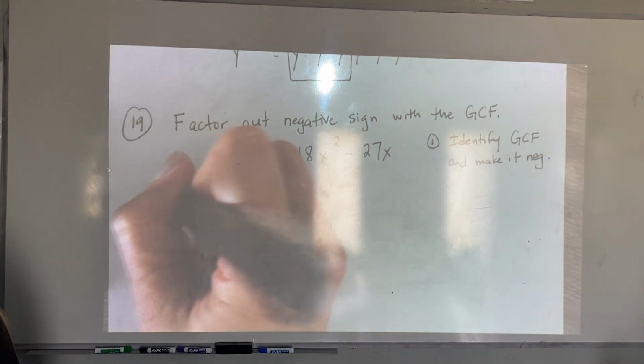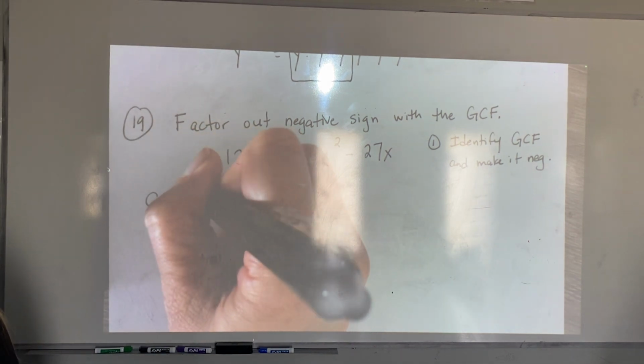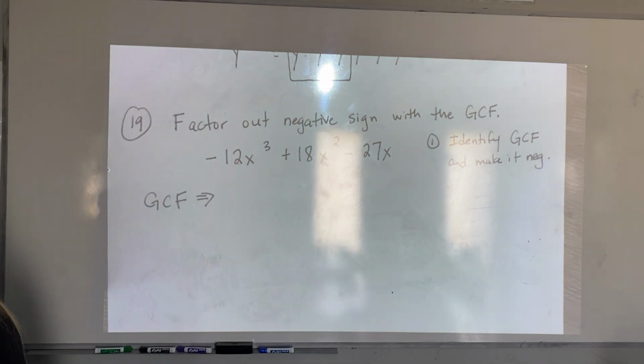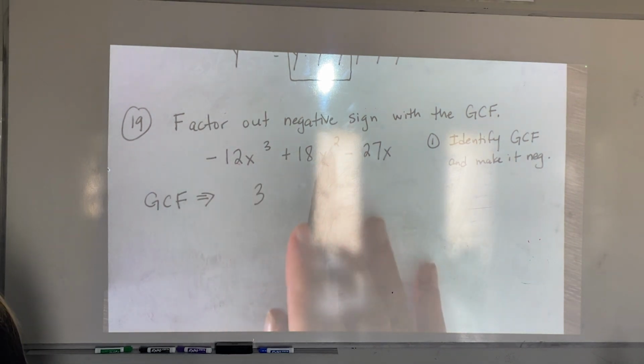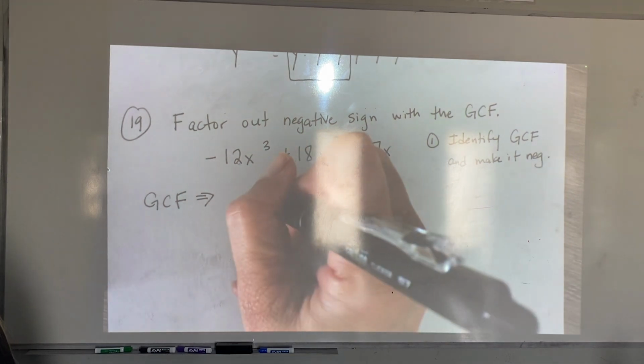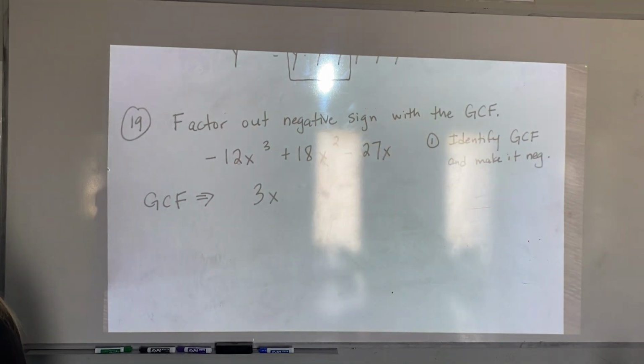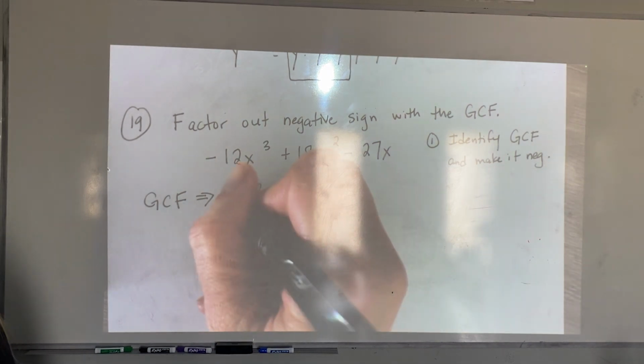So the GCF would be, what would the GCF of 12, 18, and 27 be? Yeah, so it would be 3. And then we would have x cubed, x squared, and x. So the GCF of the variables would be x, right? The lowest exponent, which is x to the first. So it's just x.